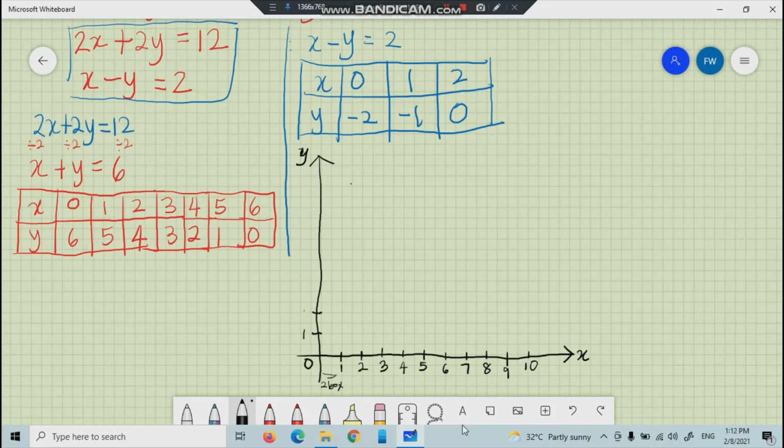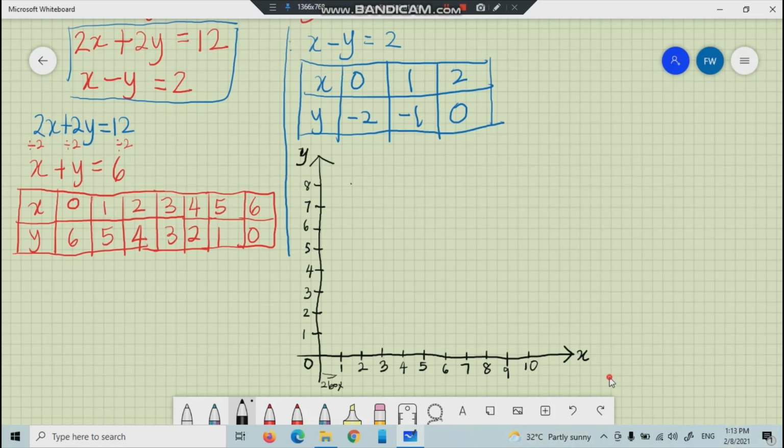1, 2, 3, 4, 5, 6, 7, 8. If you notice, for my second table, for linear equation x minus y equal 2, we have negative values for y.